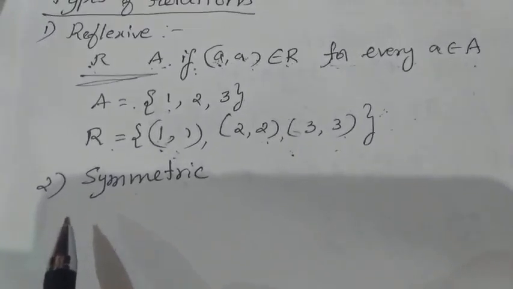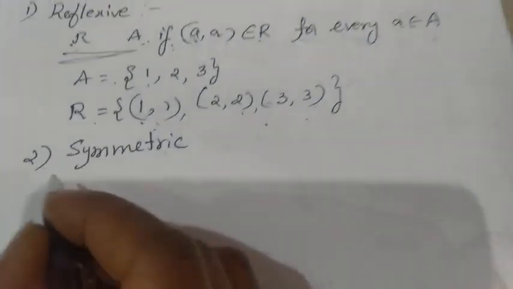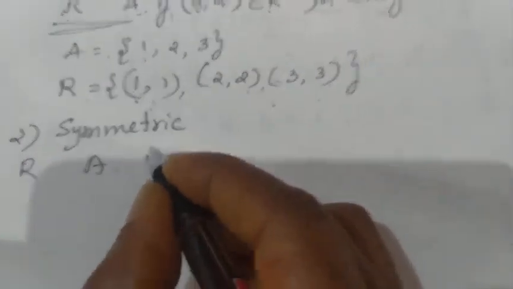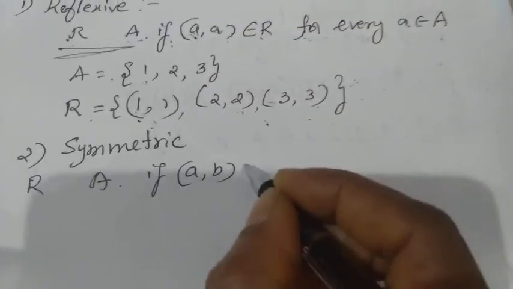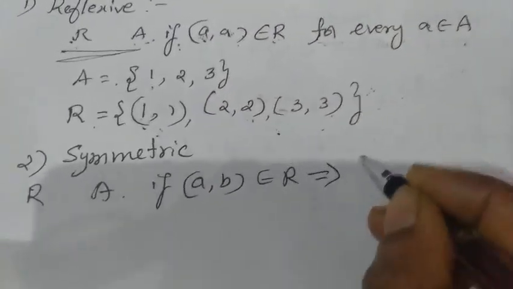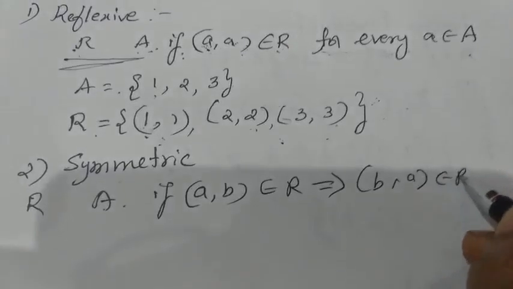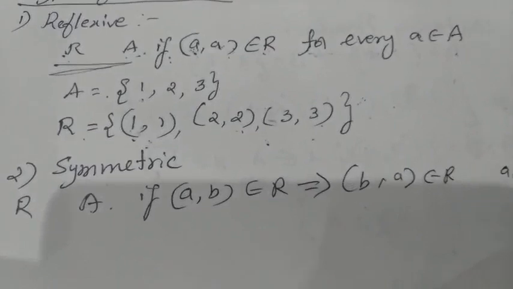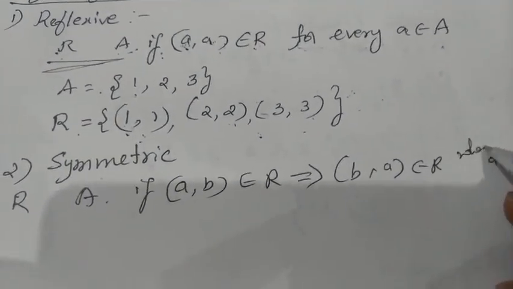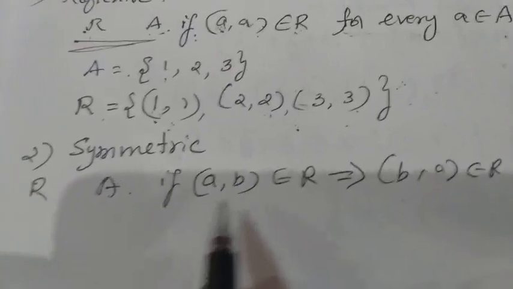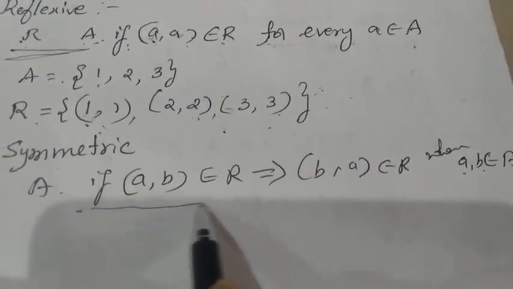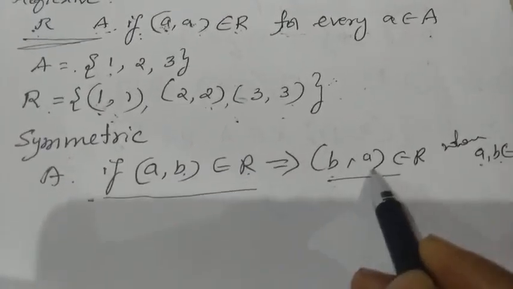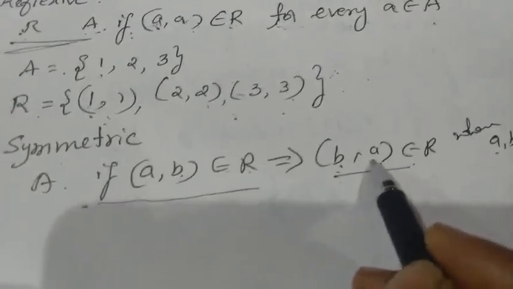A relation R in a set A is called symmetric if (a, b) belongs to R implies (b, a) belongs to R. Here a, b both belong to set A. You should take a, b both from set A. But here the condition is like this: if (a, b) belongs to R, then (b, a) must belong to R. If (a, b) is there, then (b, a) must be there.